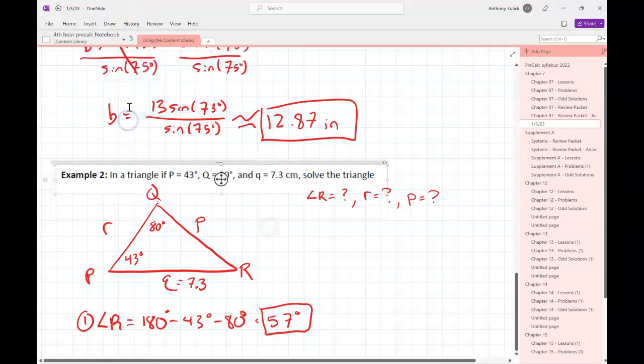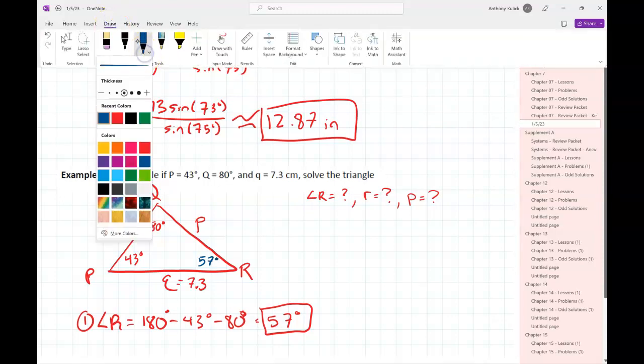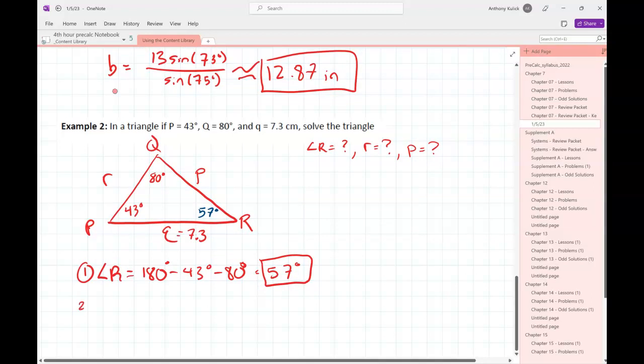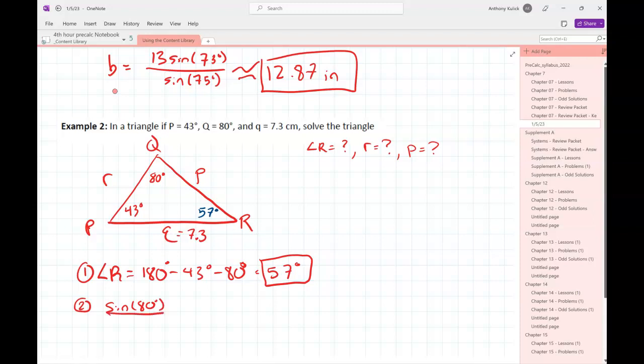And I like to write my answers in as I go. Again, you don't have to do that. And now for my next step, I know I'm going to be doing sine Q over Q, but it doesn't matter now whether I do sine P over P or sine R over R, right? I have enough information to do either one. Doesn't matter which. I'm going to choose to do alphabetical. I'll do sine P over P next.